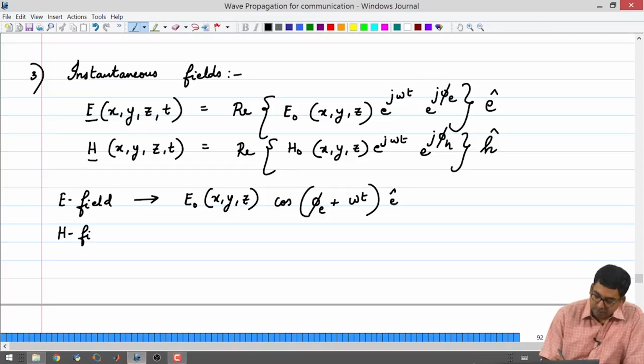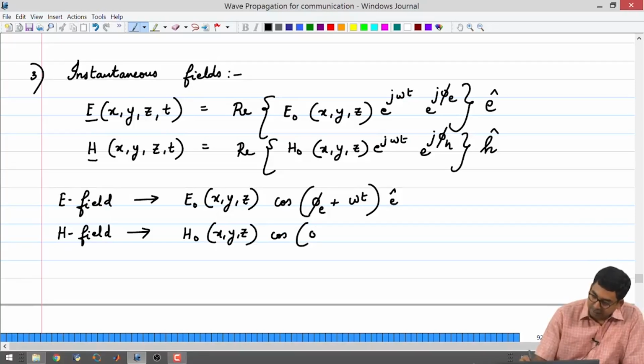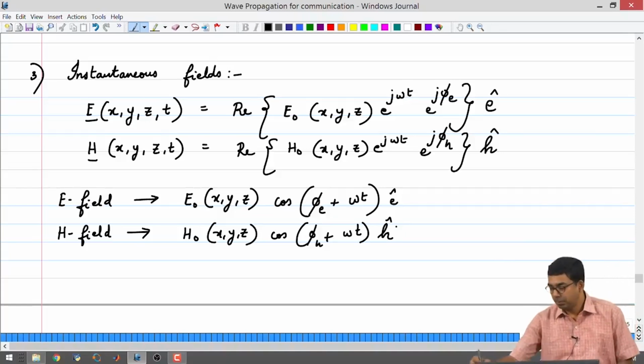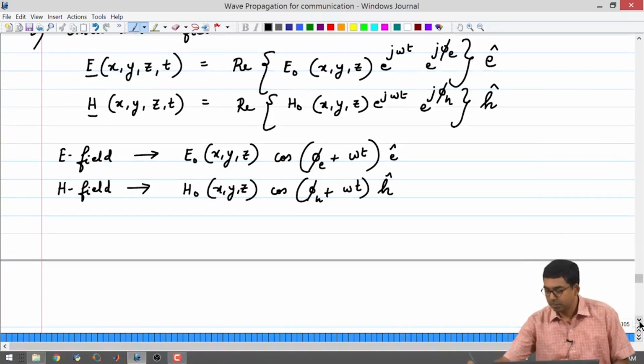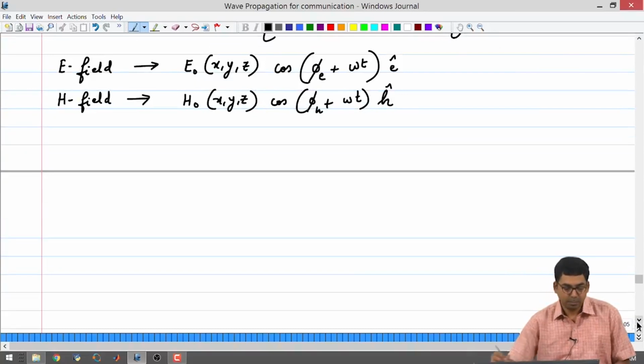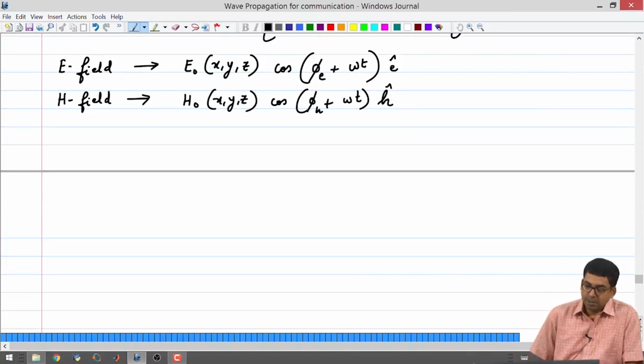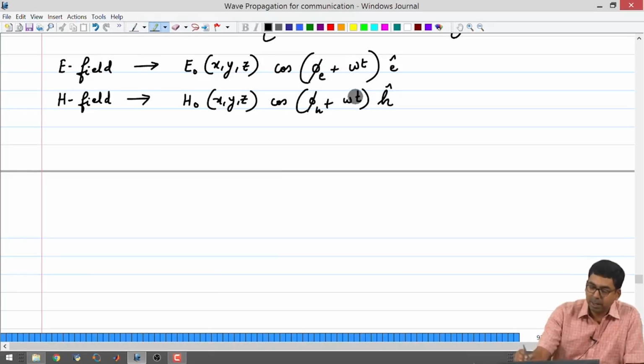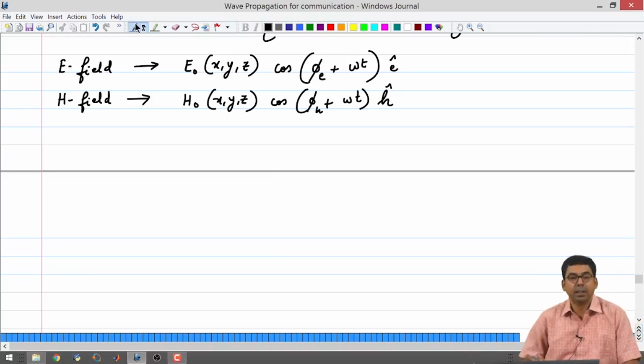Similarly, the magnetic field can also be written as h naught of x, y, z, cosine phi h plus omega t h hat. Now, since we are dealing with time also, we have included the effect of time, and we know that this function is periodic with respect to time.